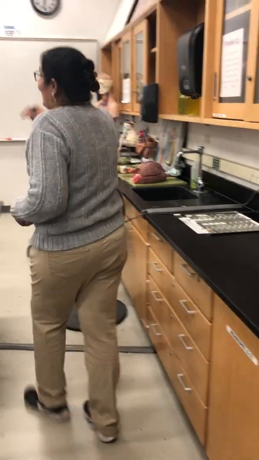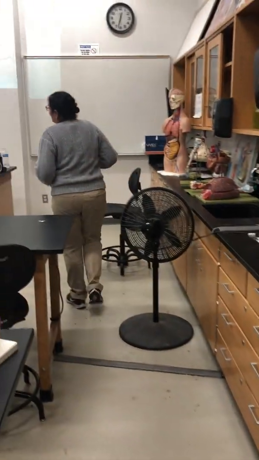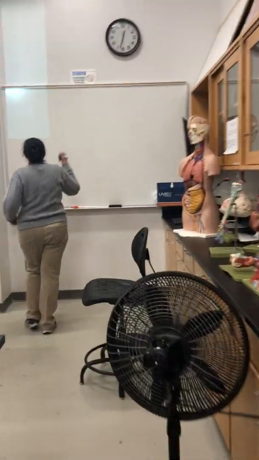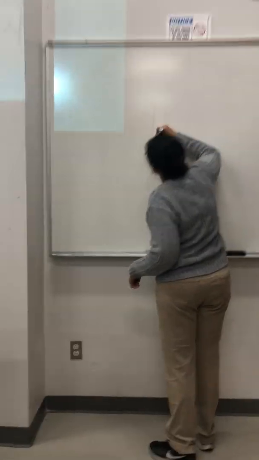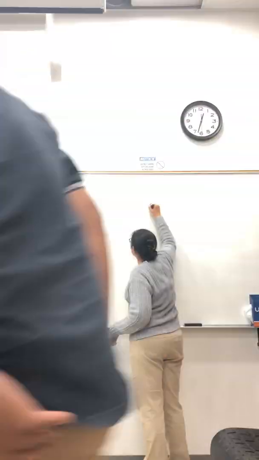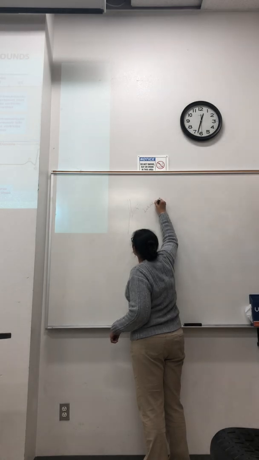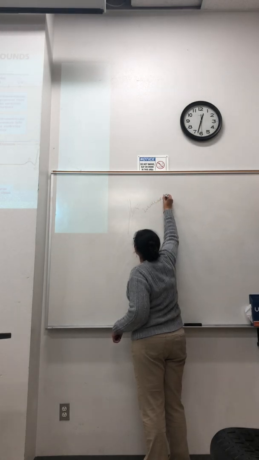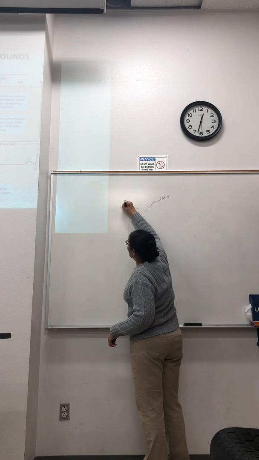So the left and right carotid artery, you have the carotid artery that gives rise to 2 branches. So you have the internal carotid artery and you have the external carotid artery.